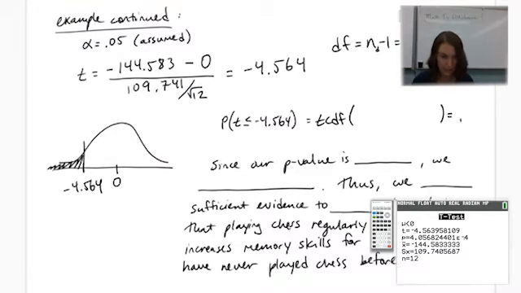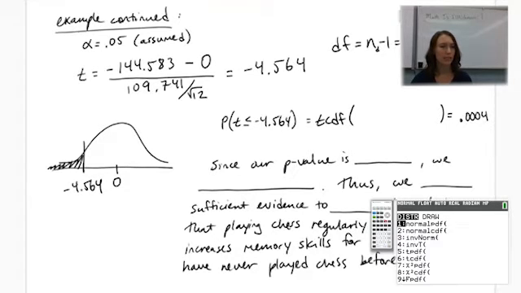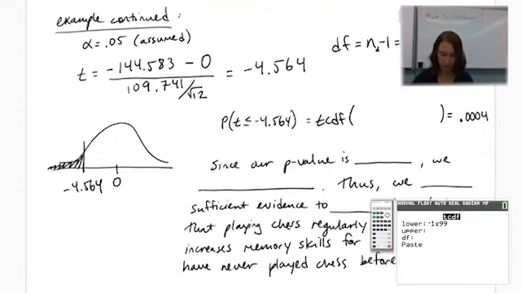So 0.0004. Okay, so tcdf, to get this probability and to show a little bit of work, we're going to go to second and then distributions. We're going to go down to tcdf. My lower value, so look at your t curve here, is going to be something really low, so that's fine.